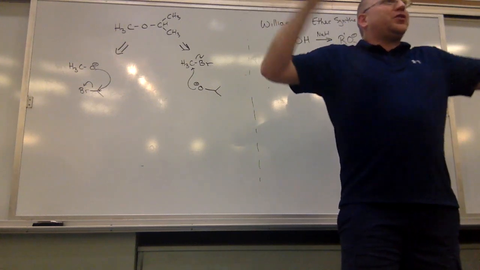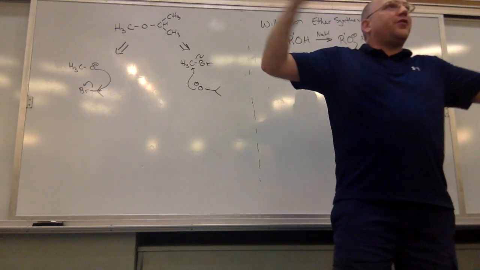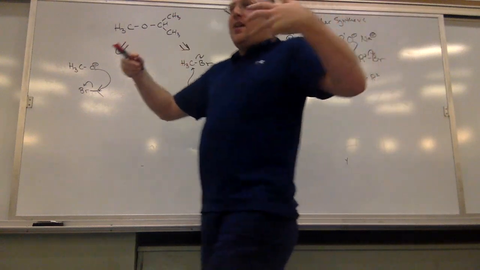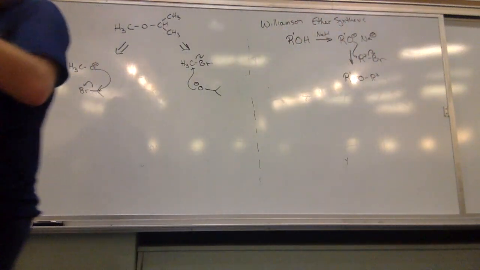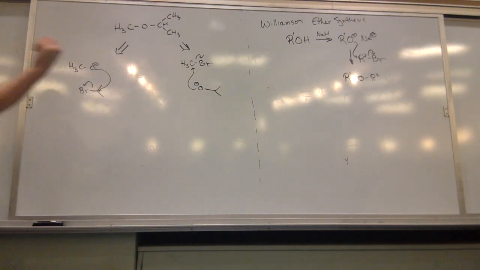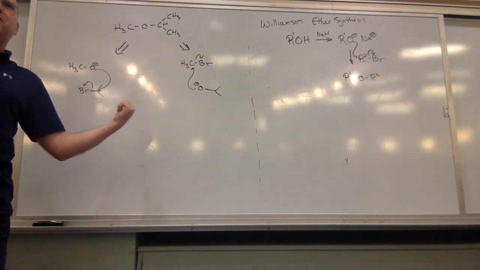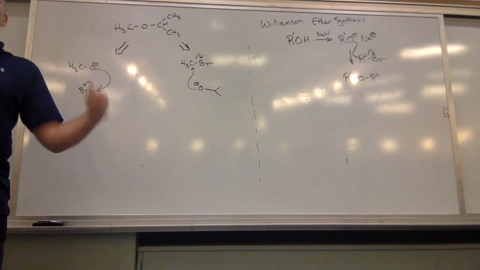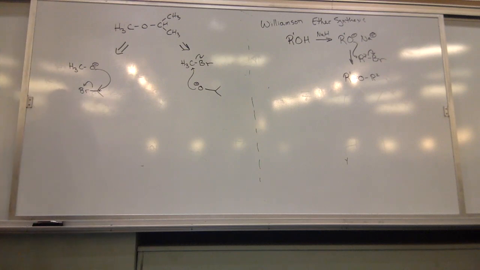We're just swapping one being sterically challenging for the other. Both reactions are possible, but one of them would definitely be the way that you want to go about it.